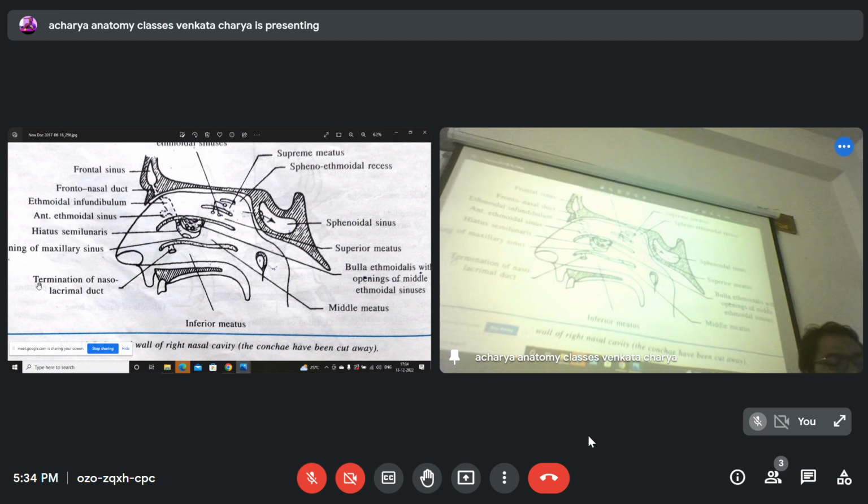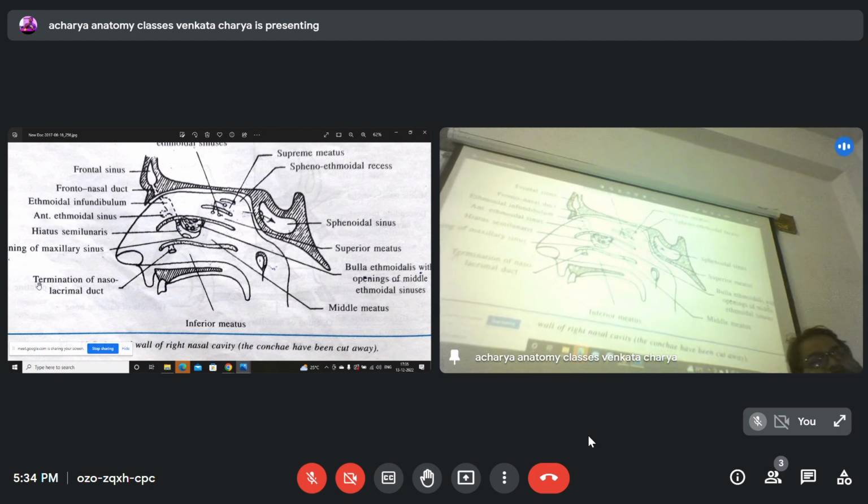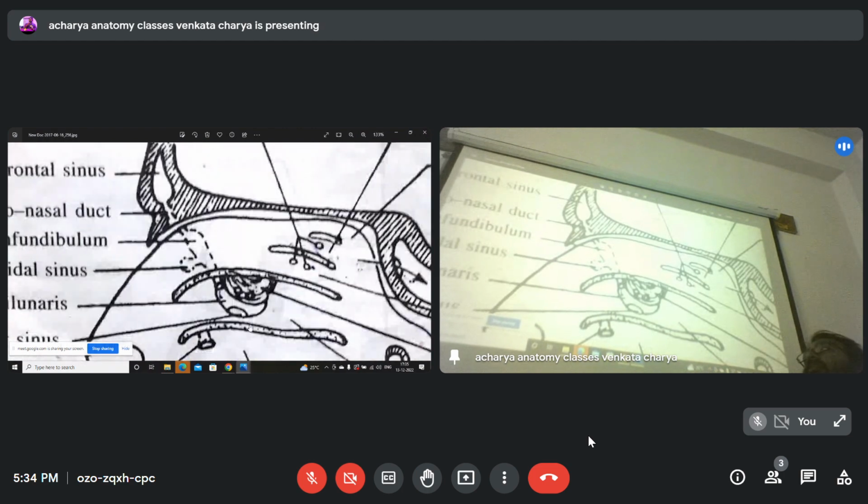Beneath the bulla ethmoidalis, there is a semilunar-shaped sulcus or groove called hiatus semilunaris. This one is the hiatus semilunaris.